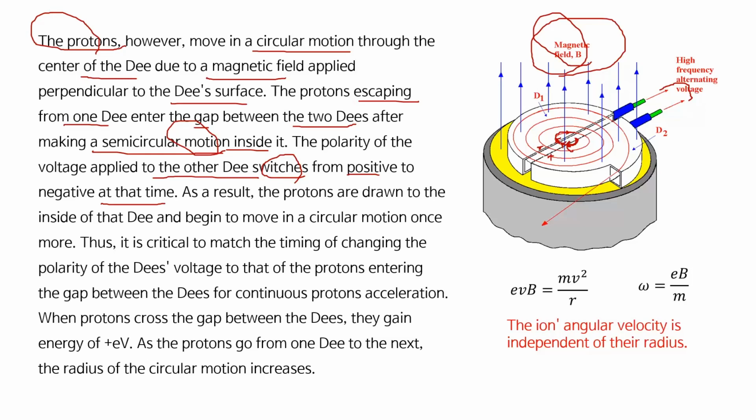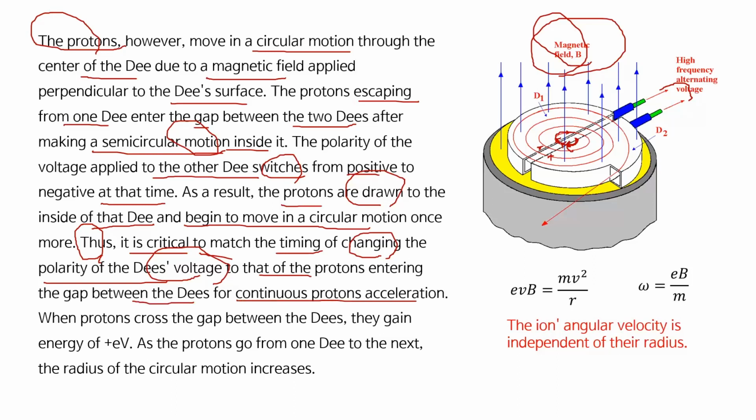As a result, the protons are drawn to the inside of that D and begin to move in circular motion once more. Thus, it is critical to match the timing of changing the polarity of this voltage to that of protons entering the gap between the Ds for continuous proton acceleration.